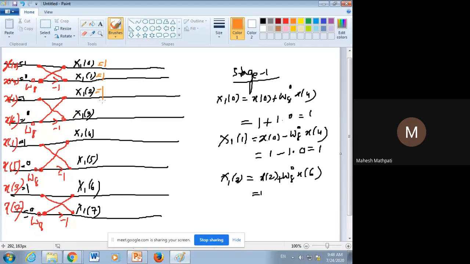If anyone is having any questions, please ask. It is a bit lengthy but simple. It's not that difficult also. Is everyone understanding what I have written on the screen?